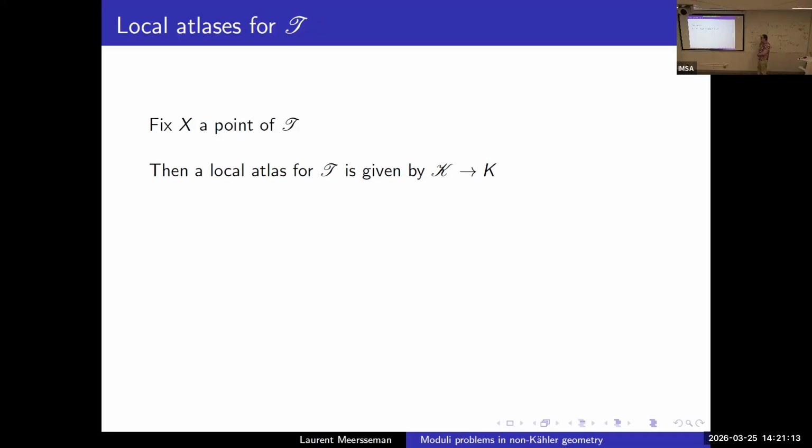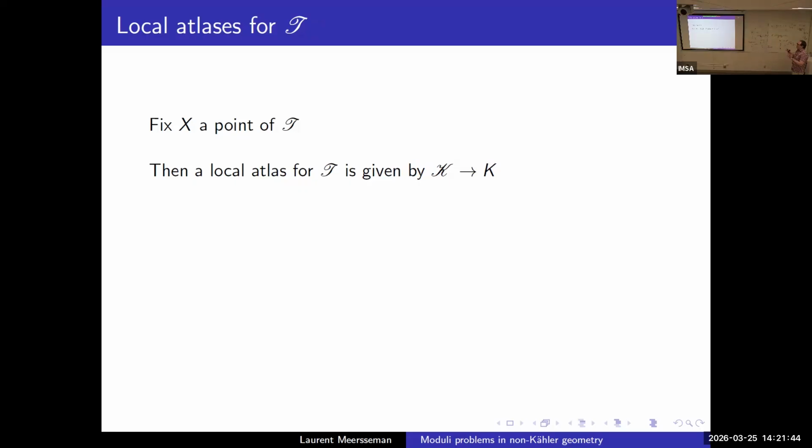Well, in fact, this is just a rephrasing of the Kuranishi theorem. Kuranishi's theorem tells you exactly that the Kuranishi family is a local atlas, giving you a mapping from K to T, and this is a local atlas. Okay, so that's a nice point.